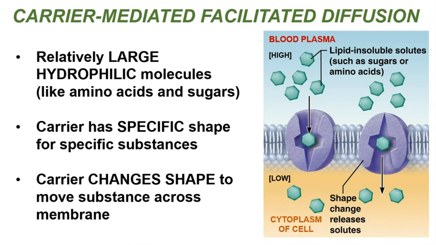Backing up again, glucose is typically moving from the blood plasma, where it's in high concentration, into the interior of the cell, where it's typically in much lower concentrations. The reason for this is that cells are very rapidly using glucose, metabolizing it, harvesting the energy from the breakdown of that glucose to make ATP.